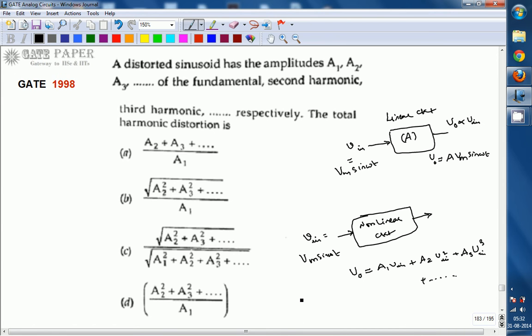So this is the general equation for the non-linearity of a circuit between output and input.